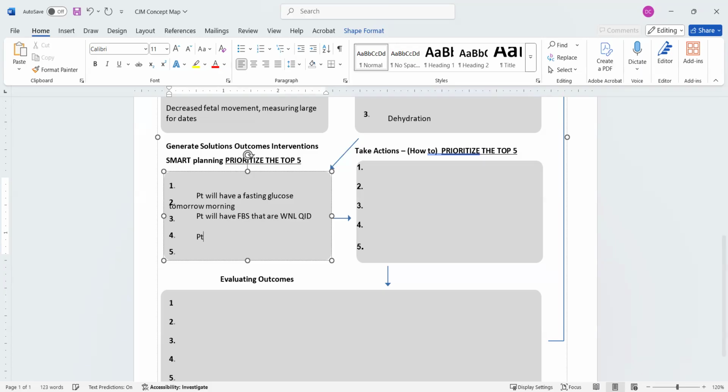Patient will verbalize foods that will not result in a higher blood sugar.